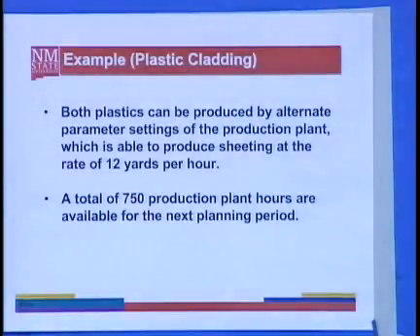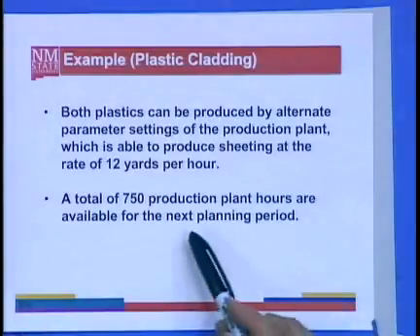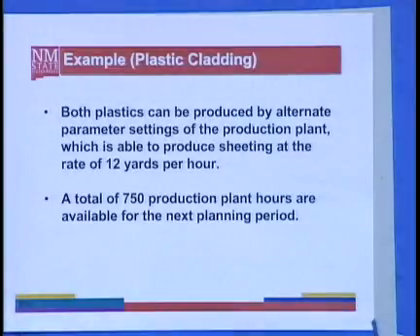And like it says, those plastics can be produced by alternate parameter settings of the production plant, which is able to produce sheeting at the rate of 12 yards per hour. A total of 750 production plant hours are available for the next planning period. Okay?